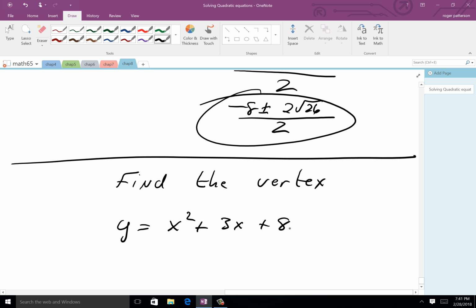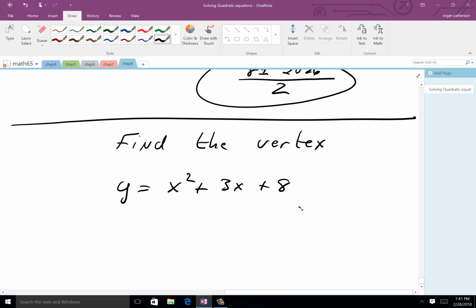Well, I'm going to have to graph it, okay, to find that vertex. So then I would go into Desmos, type it in there, look for where the vertex is, and then I would write that down. That's what the vertex is. So that's what you probably want to do.